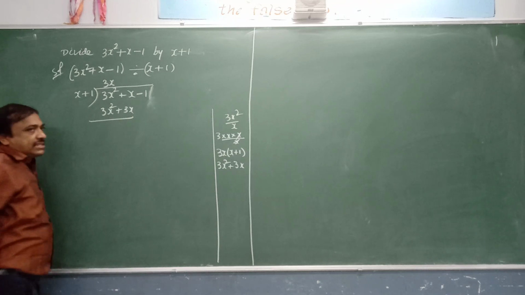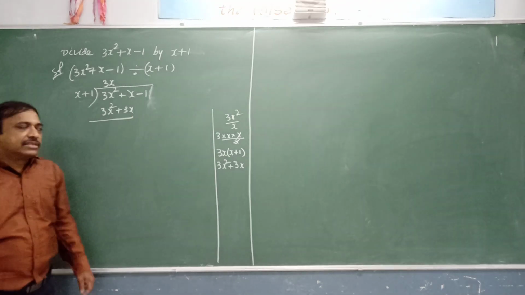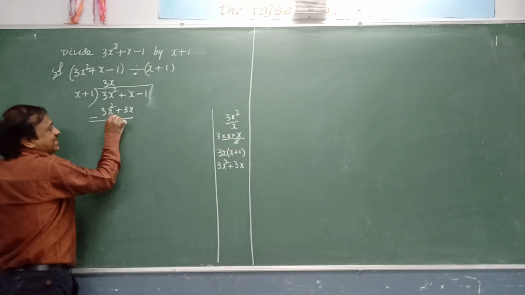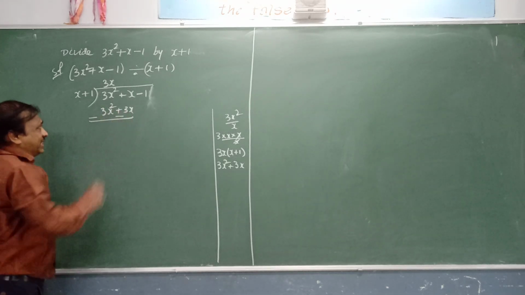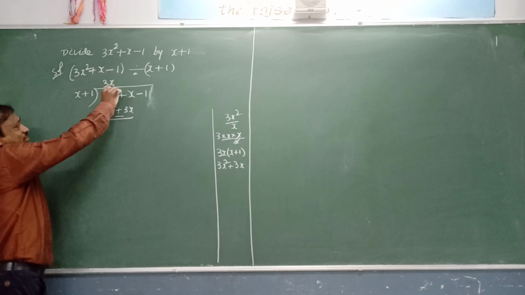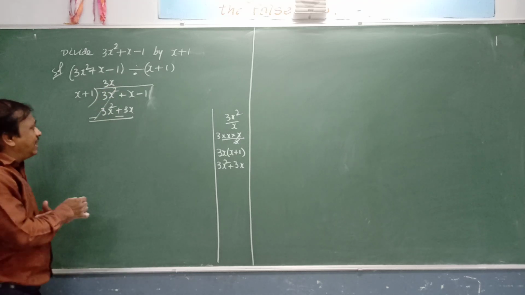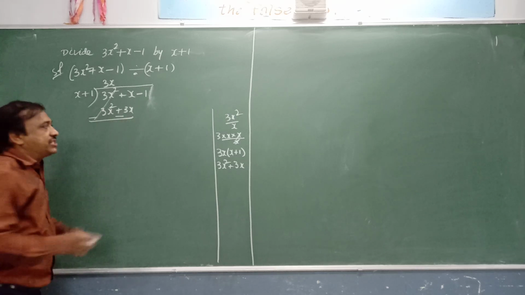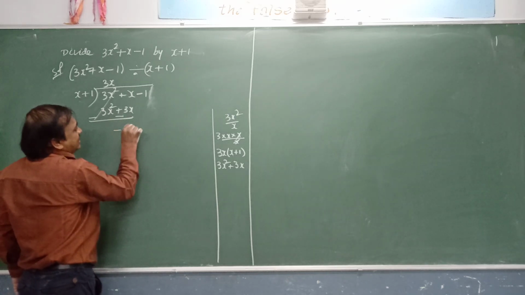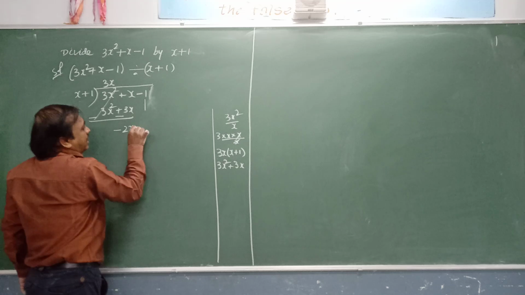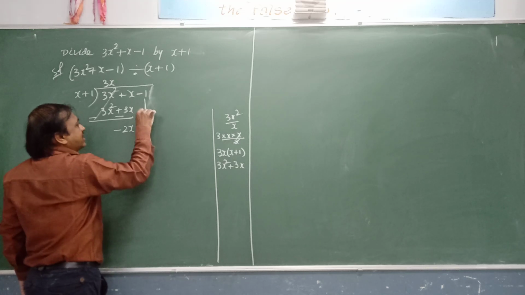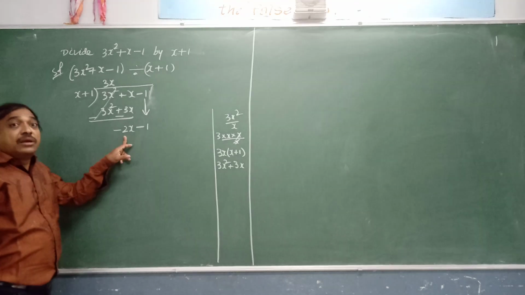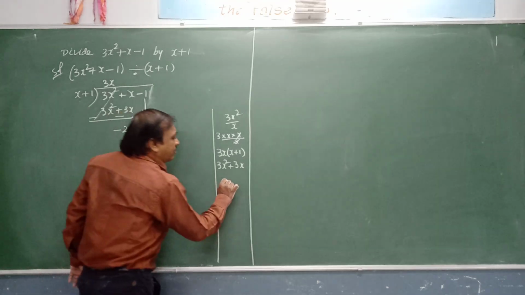Now we subtract. When you are subtracting, change the sign of the second expression's terms. So 3x square minus 3x square cancels, and now plus x minus 3x, an integer operation, gives minus 2x, and bring down minus 1. Now we have minus 2x minus 1.